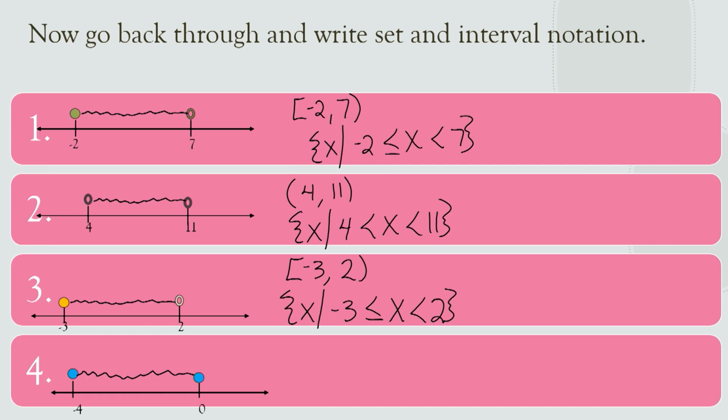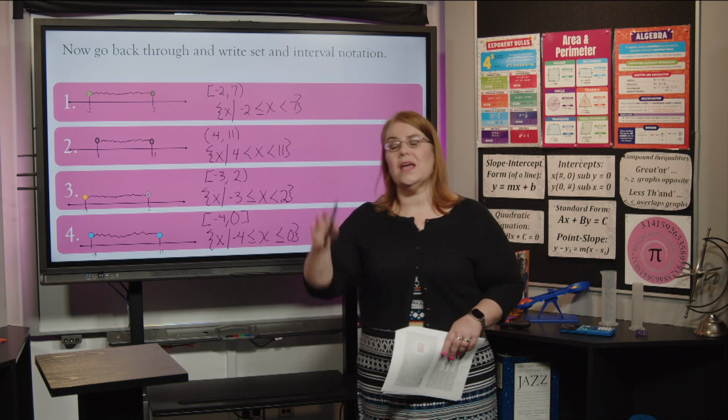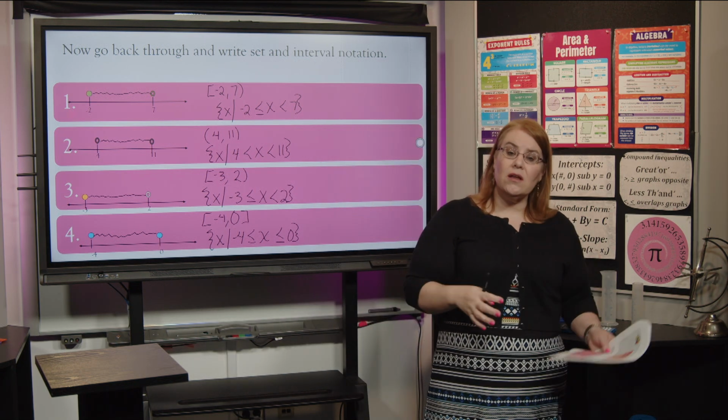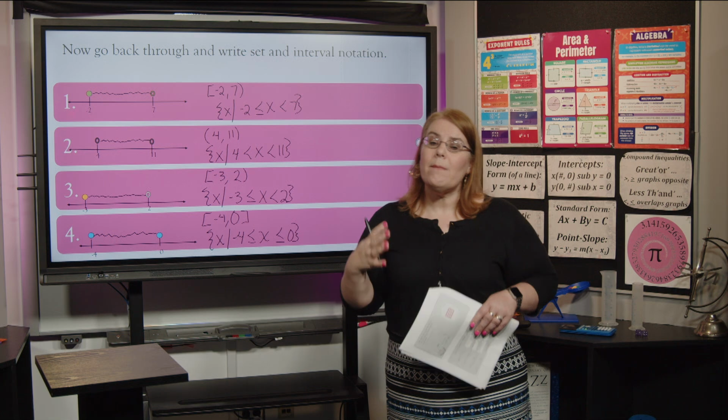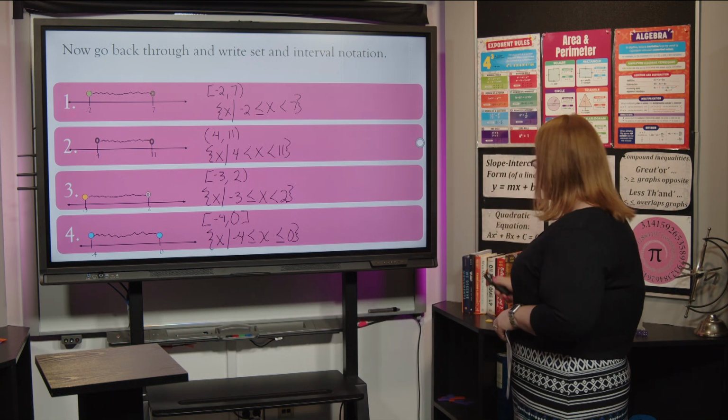So I have a bracket at -4, and I also end with a bracket since they can equal both of them. So then I'm going to put x such that -4 is less than or equal to my unknowns, and my unknowns are less than or equal to 0. So that's how we're using our set notations and our interval notations, and it's telling much the same information just in multiple ways. Good job.